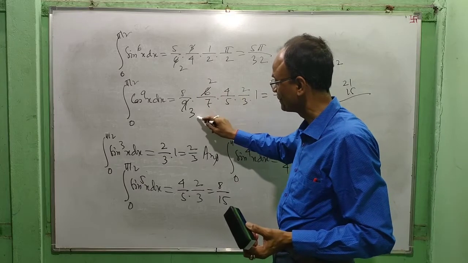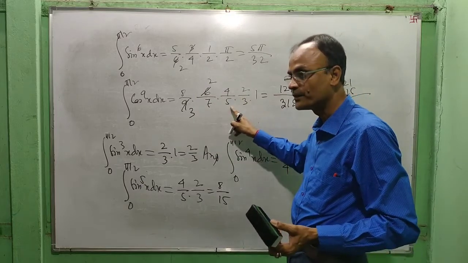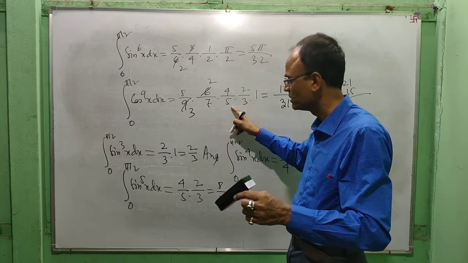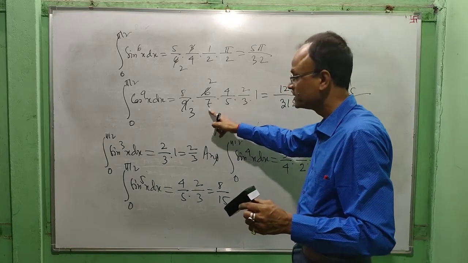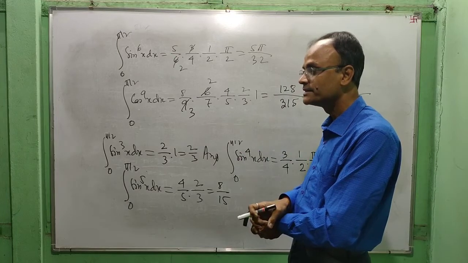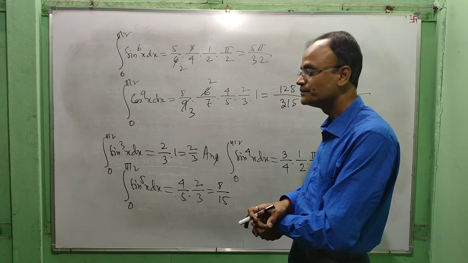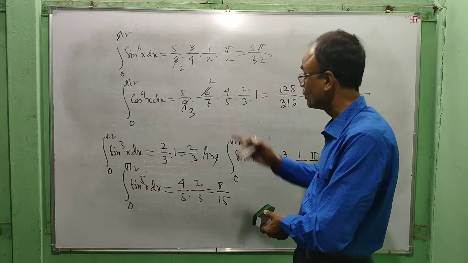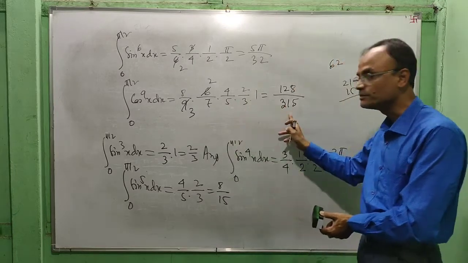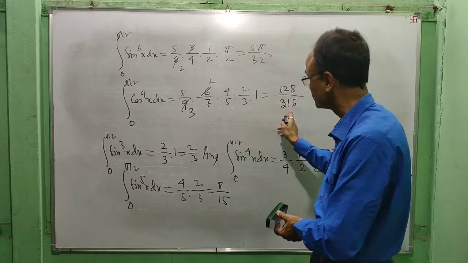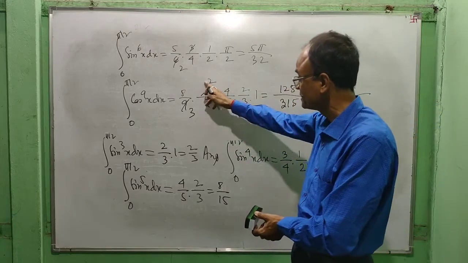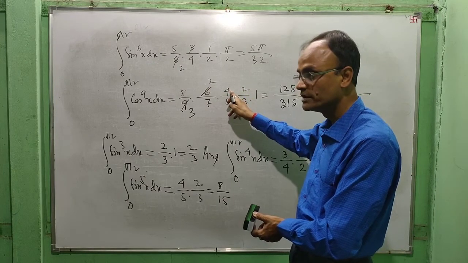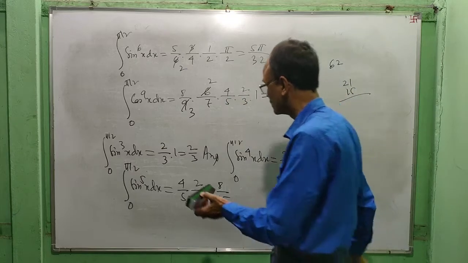This will be 2 by 3, 21 into 5, which is 105. 105 into 3 is 315. Then 16, 16 into 2 is 32, 32 into 2 is 64, 64 into 2 is 128.